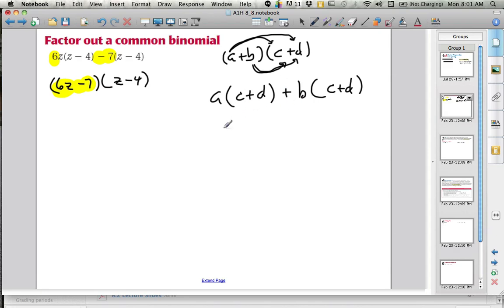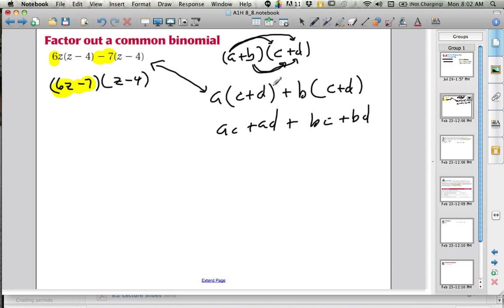And then I would go ahead and continue to multiply out AC plus AD plus BC plus BD. And this is how the distributive property tells me to multiply this out. And you'll see that this step right here is the same as that.